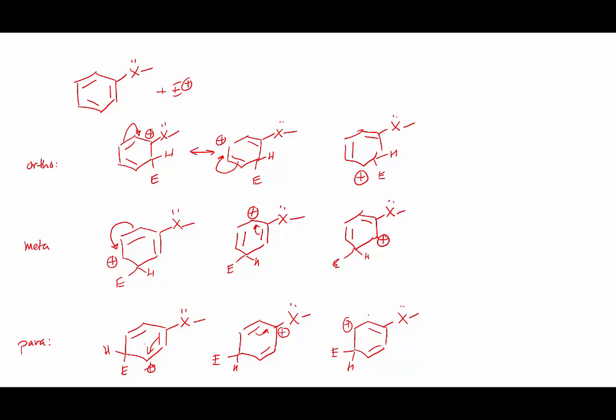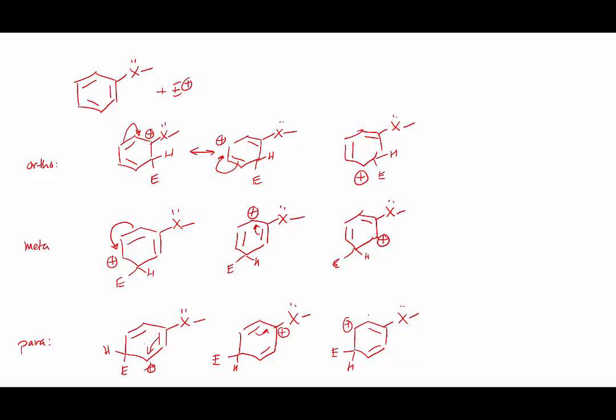Now, looking at the para positions of the positive charges, they're like the what? Those plus charges are in the same position as when I added ortho.